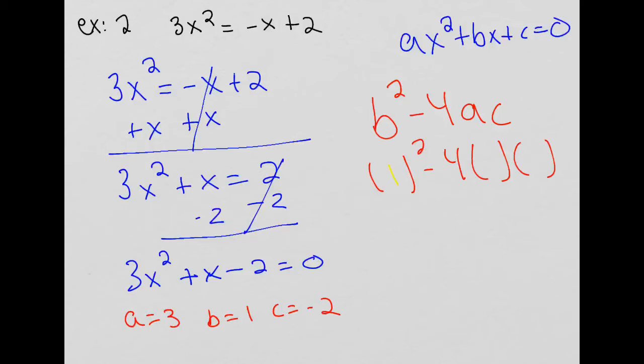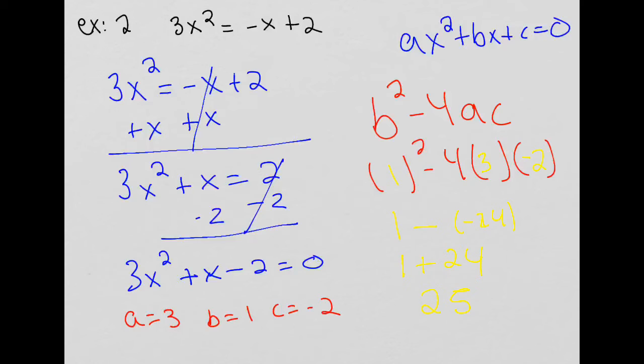So 1 squared is just 1, minus 4 times 3 is 12, times negative 2 is negative 24. Then a negative times a negative is a positive. So that gives me 25.